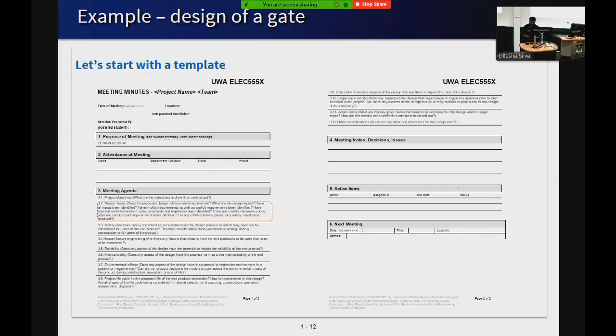3.2, design inputs. Does the proposed design address each requirement? We don't know at this stage. What are the design inputs? Have all inputs been identified? Have implicit requirements as well as explicit requirements been identified? Have national and international code standards and legislation been identified? Have any conflicts between code standards and project requirements been identified?